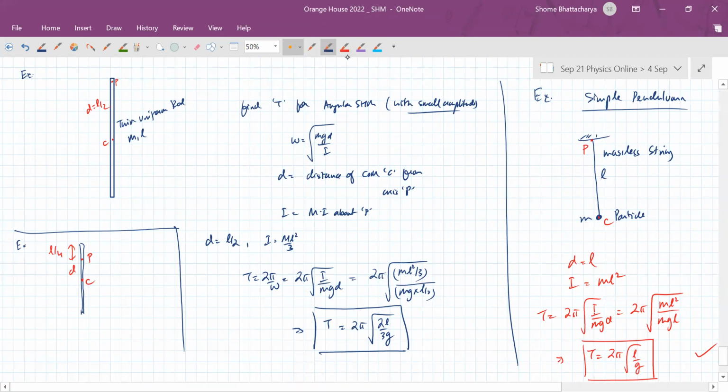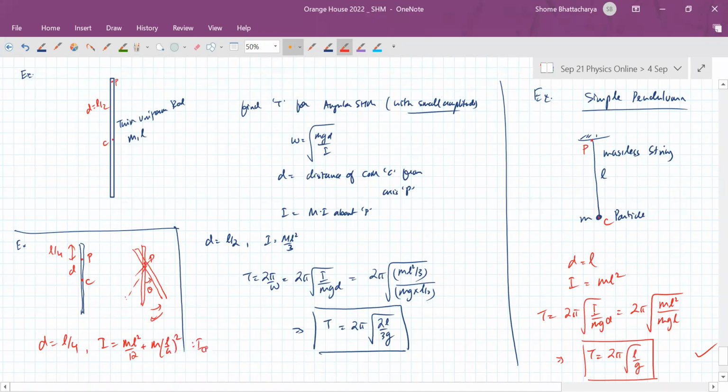Then as the rod would rotate, it would go like this, with respect to that point P. So here we would take d as L by 4 and we take I as ml square by 12 plus m into L by 4 whole square.